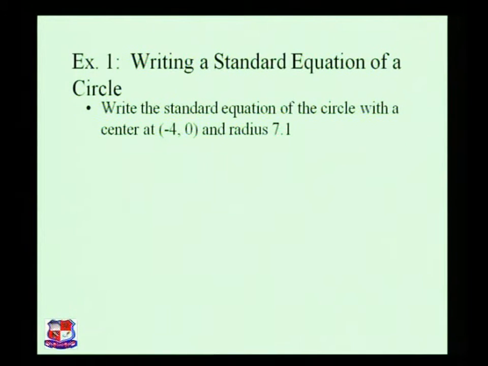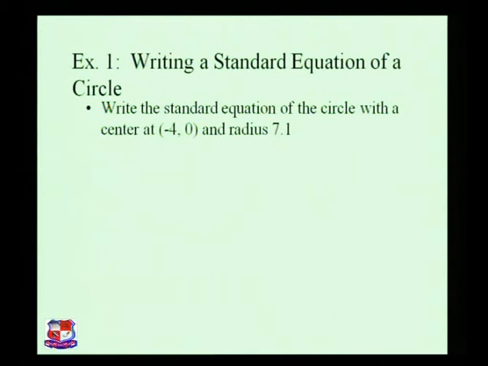If you are asked to find the equation of the circle whose center is (minus 4, 0) and radius is 7.1, how can we find the equation? Here the center and the radius are given, so we will use the center radius form of the circle.